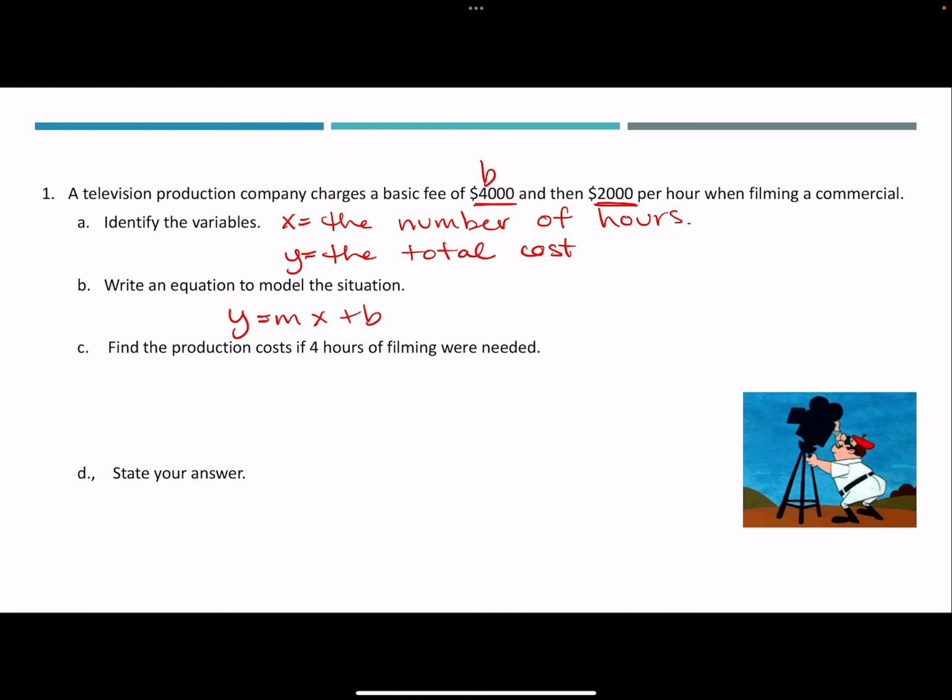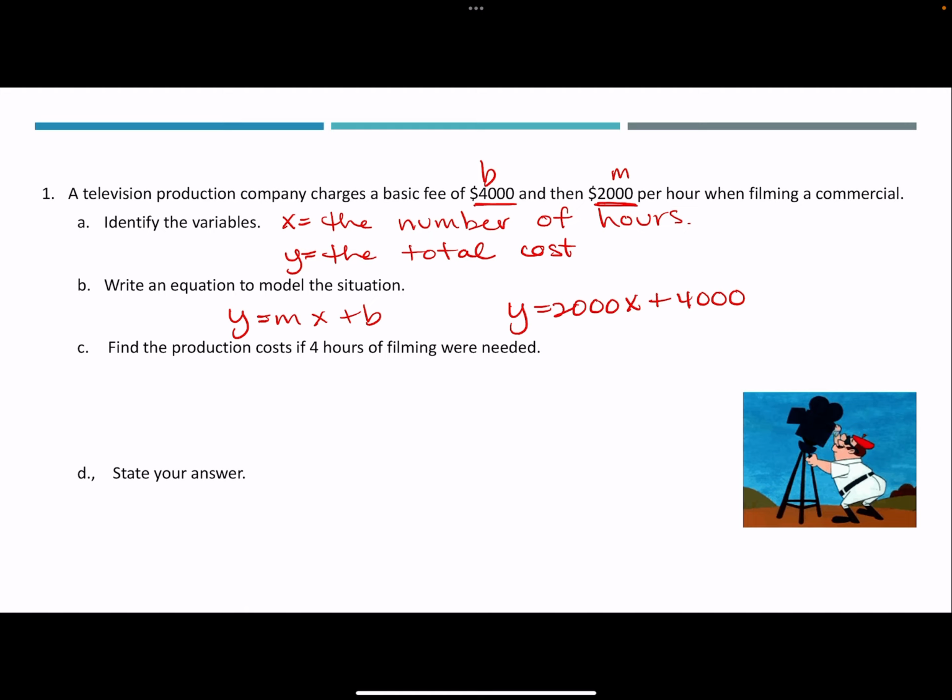That's what everyone has to pay. And then they charge $2,000 per hour. There's that keyword, per hour. Remember, per, for, each, every. That's going to tell me that that's my slope. So my equation is going to be y equals 2,000x plus 4,000.